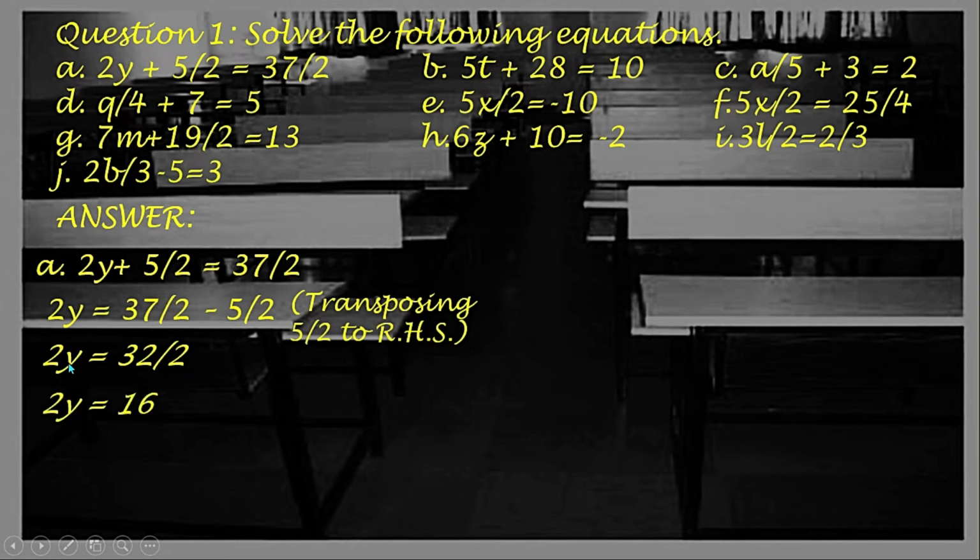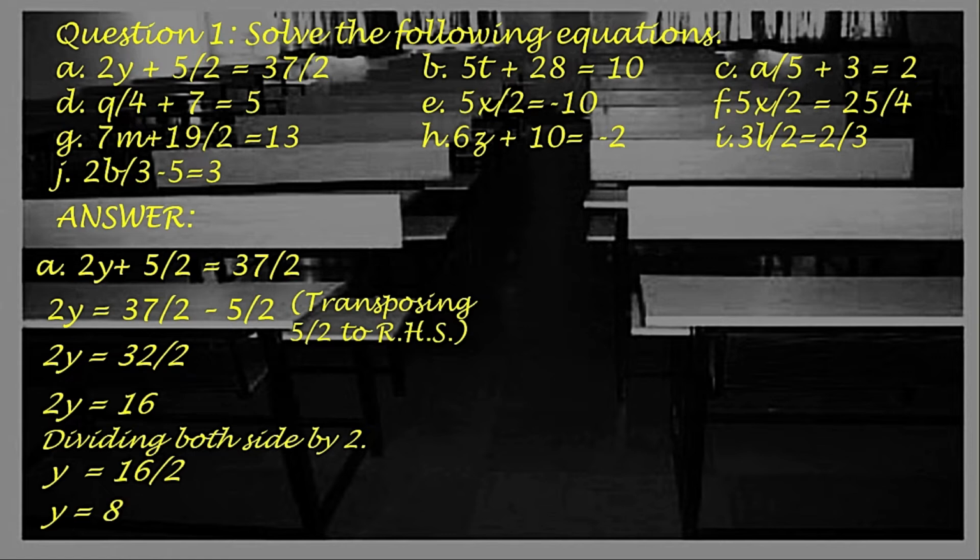So we'll get here y equals 16 by 2. When we divide by 2 on both sides, the 2 cancels, so y is here and 16 upon 2 results in 8. So this is the solution of our first part.